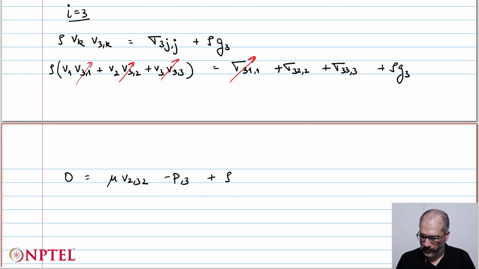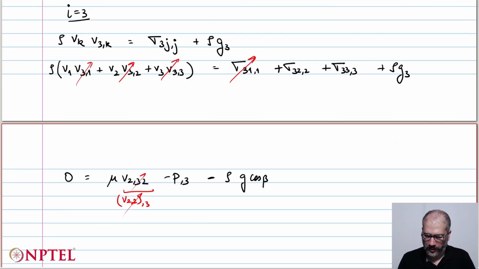Now G3, if you recall, was a minus g cos beta. So we have a minus here. Let's look at this term. This is V2 comma 32, which can be written as V2 comma 2 whole comma 3. And V2 comma 2 was a 0. That's what we saw from the continuity equation. So this is also 0.